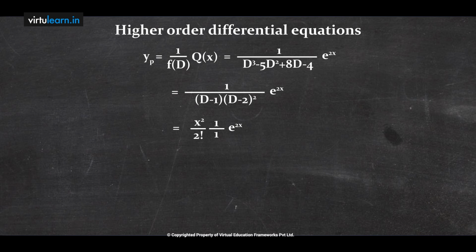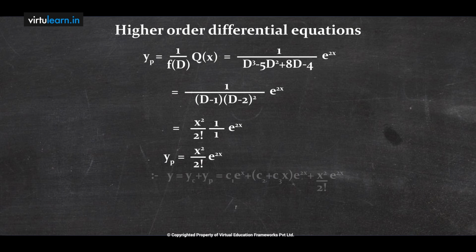Suppose D minus a whole to the power of k is there. When you substitute the coefficient of x, if it is a and the factor becomes 0, the answer is x power k by k factorial into e power ax. Already I discussed this technique in the general formula. Therefore, the particular integral yp equal to x square by 2 factorial into e power 2x.